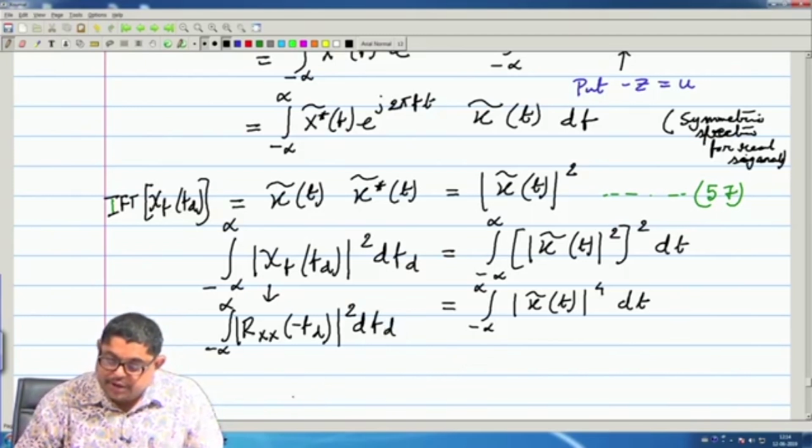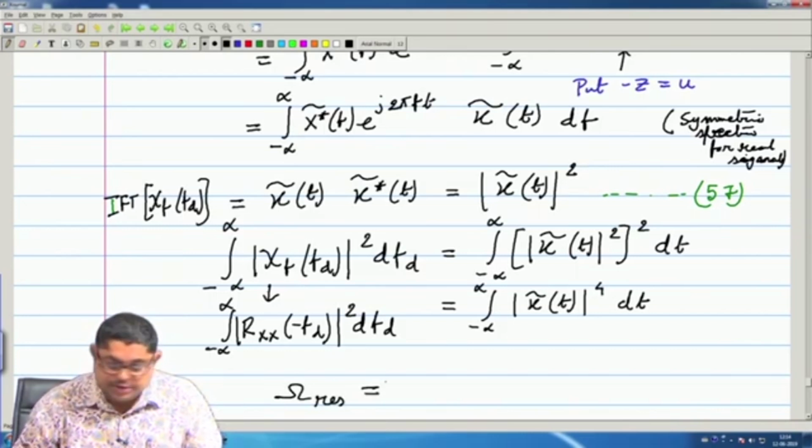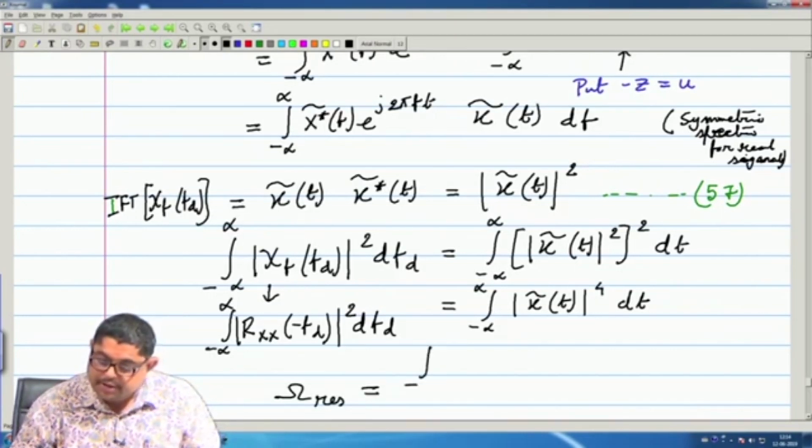So we can easily write that the Doppler resolution constant is nothing but minus infinity to infinity of this.